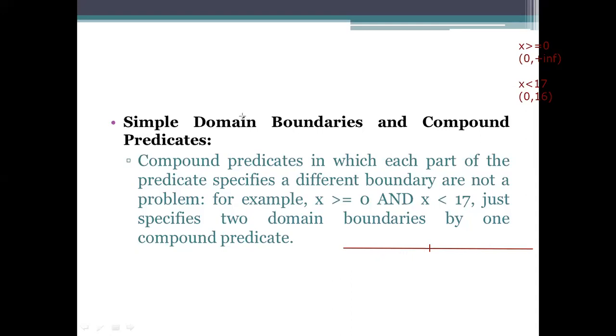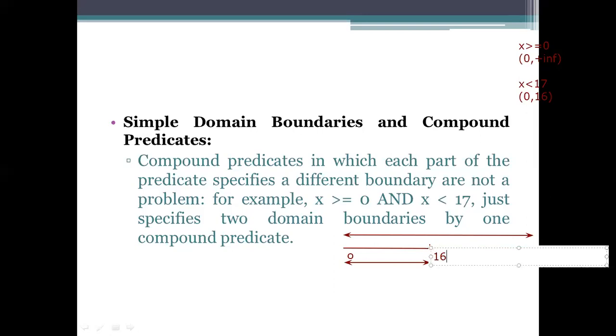And coming to domain 2, this will be domain 1. Sorry, this is domain 2. This complete representation we have taken here is from 0 to 16 and it is infinite.